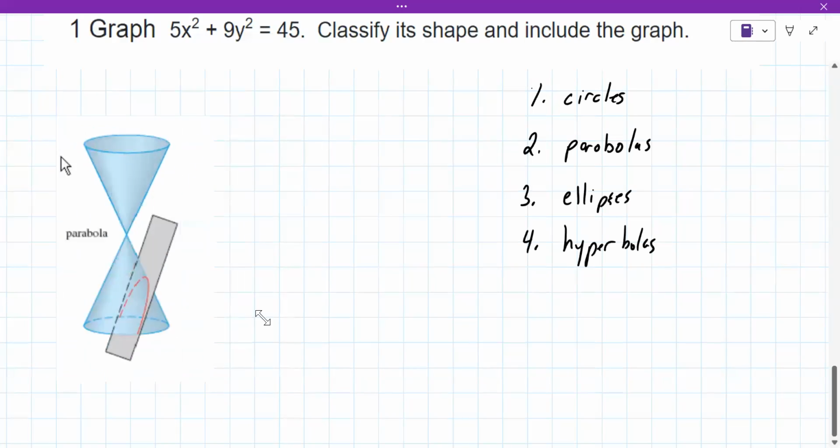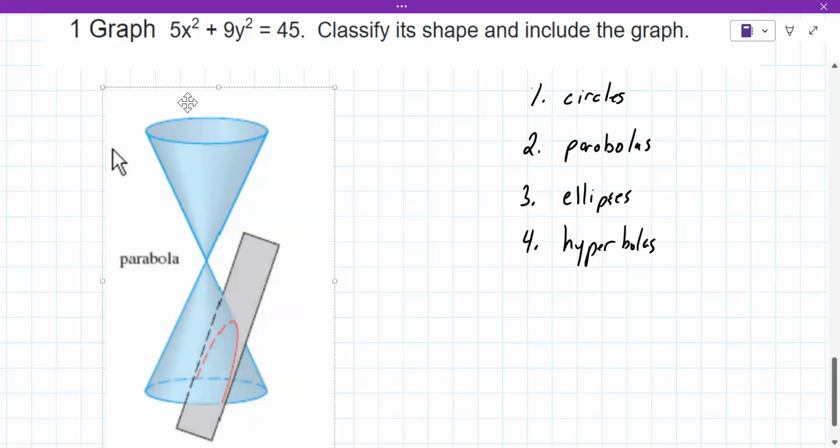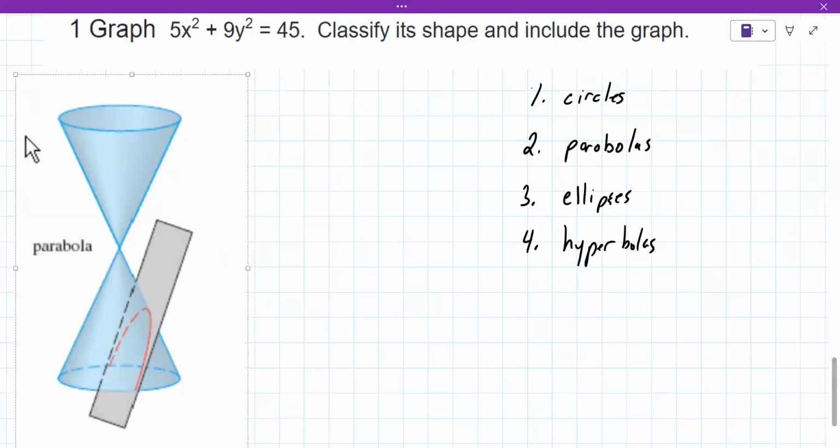showing you. So all conic sections come from taking 2 cones and slicing them in a certain direction. So the circle, you know what a circle looks like, but the parabola is this cone cut by a plane. Think of it as a sheet of paper, and the red line is the conic section there.